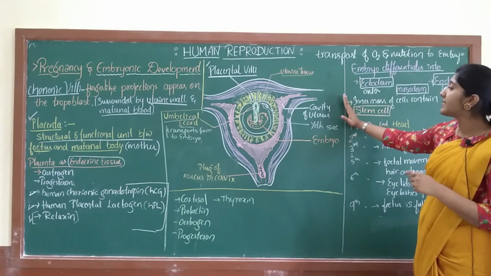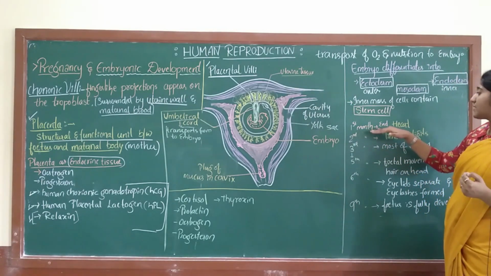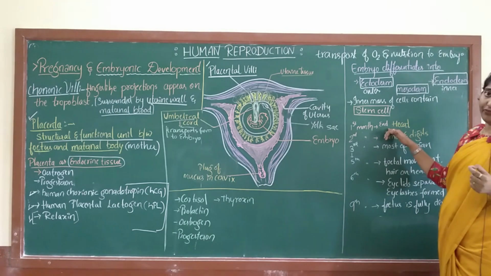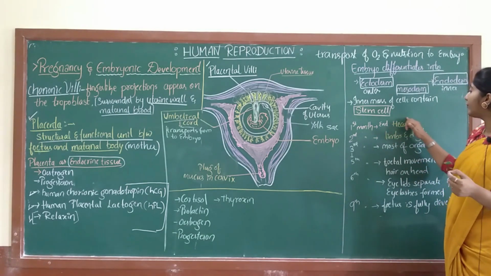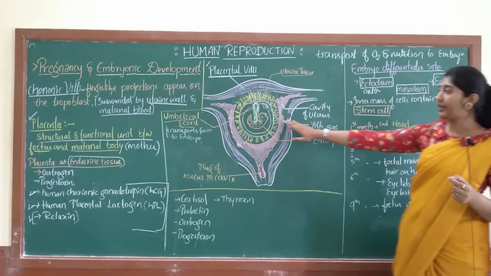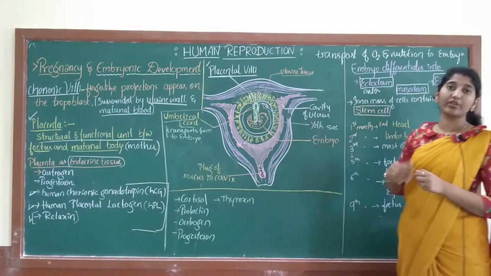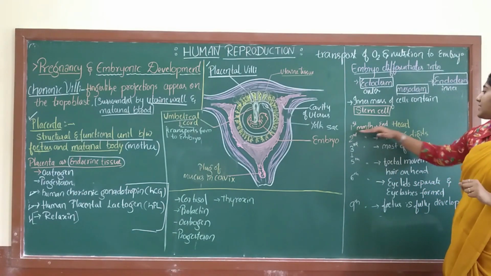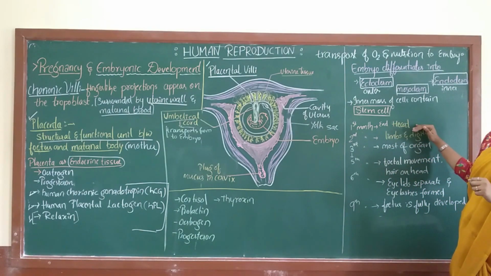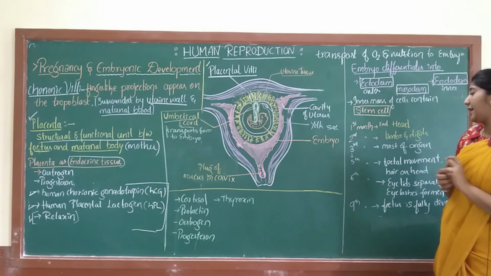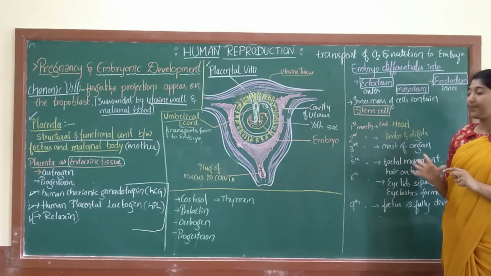Now, once the development starts, at the end of the first month, the development of the heart takes place in the fetus. We will study the month-wise development in the developing embryo. At the first month's end, the heart formation takes place, and after the second month, the limbs and digits.